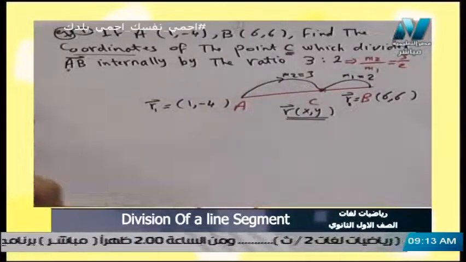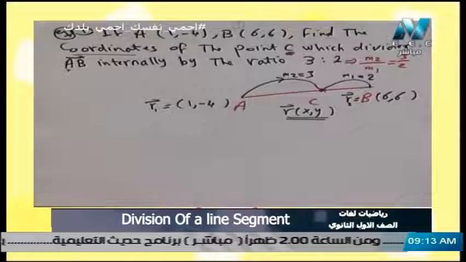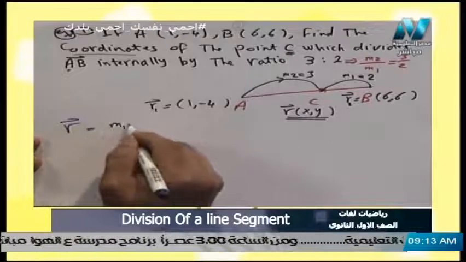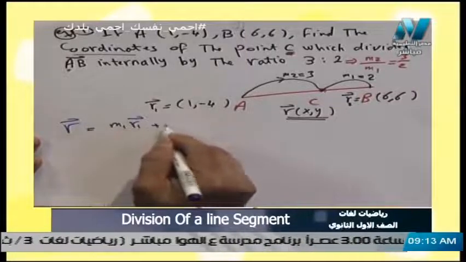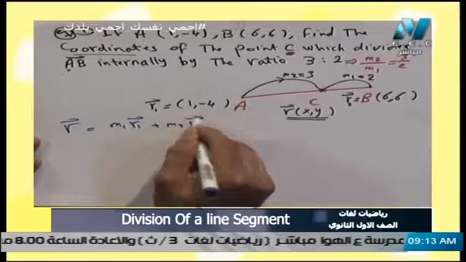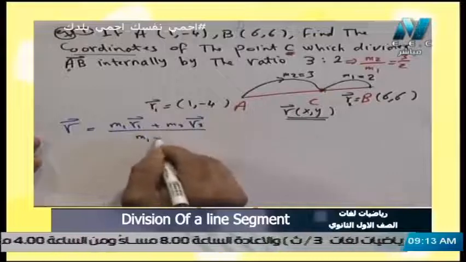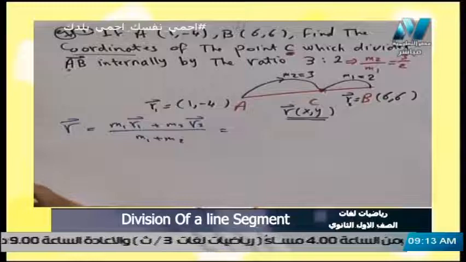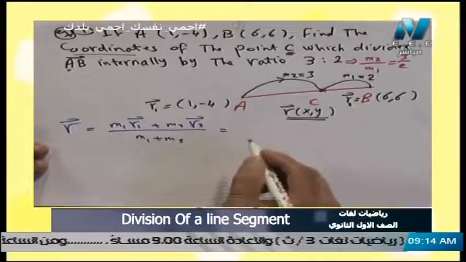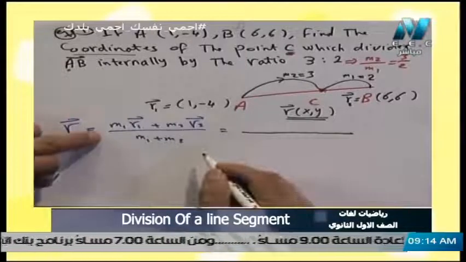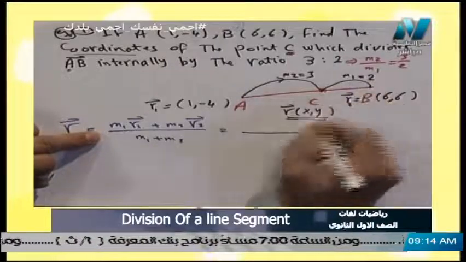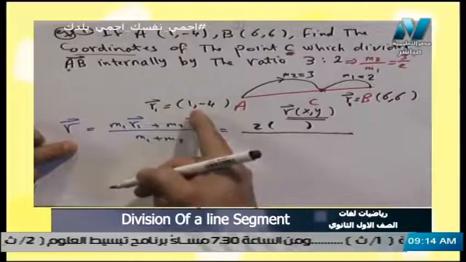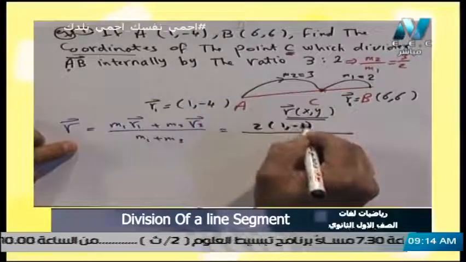And by applying the rule, R equals (M1 R1 plus M2 R2) over (M1 plus M2), then we can find that. What is M1? M1 here is 2, and R1 here is (1, -4).